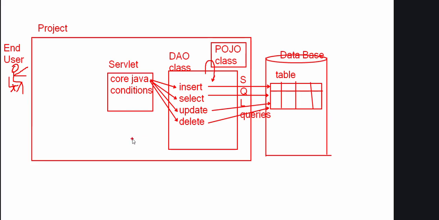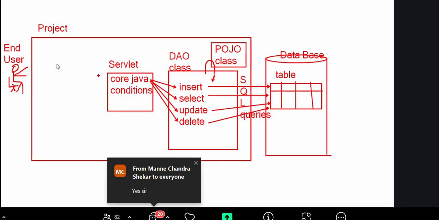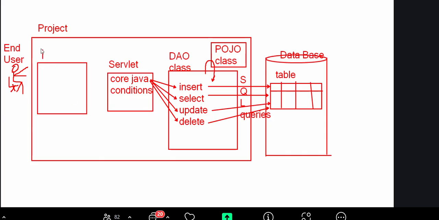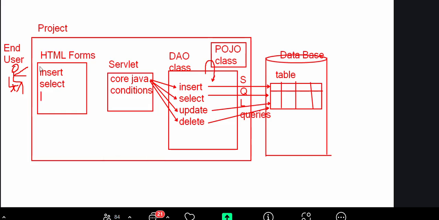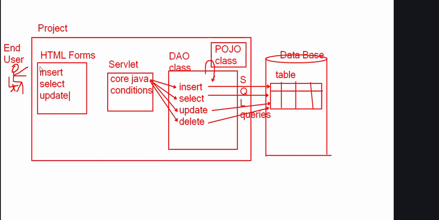Now, the front end, we have HTML forms. How many HTML forms? One form for insert, one form for select, one form for update, one form for delete.